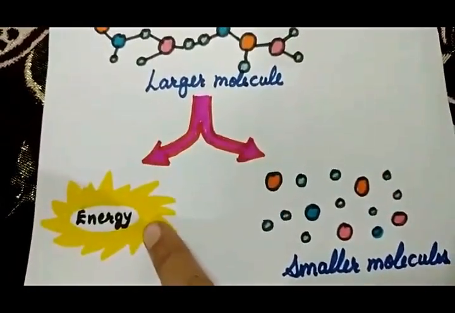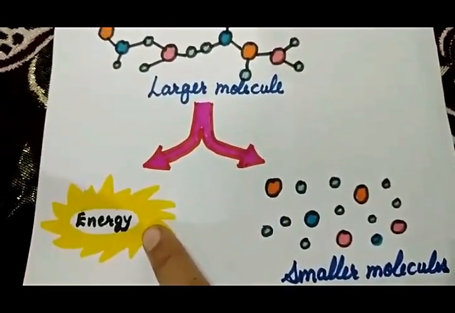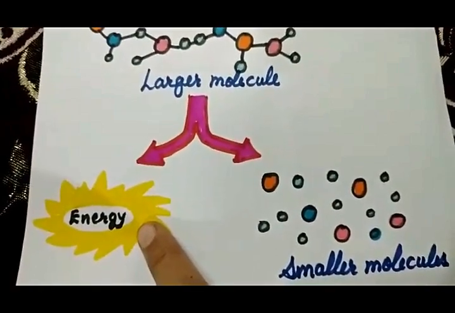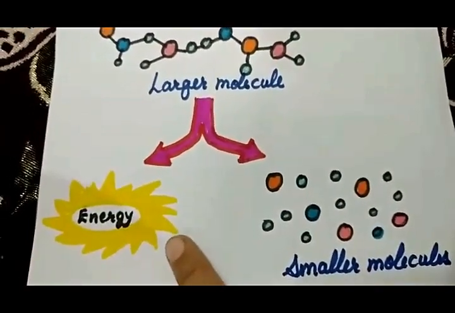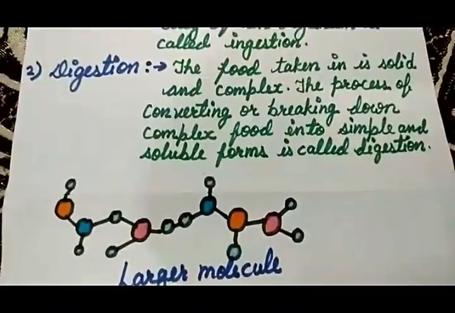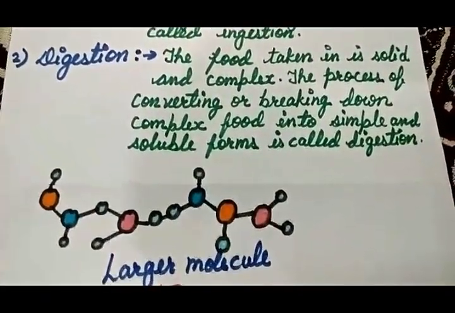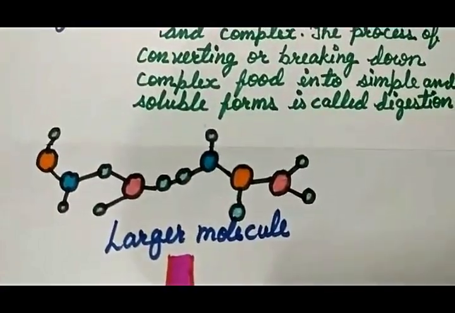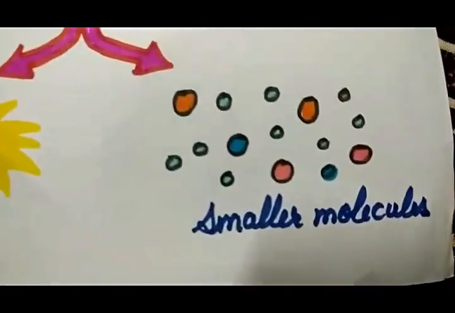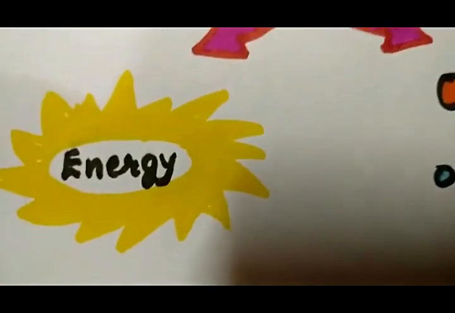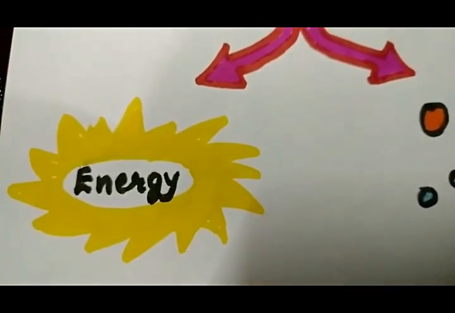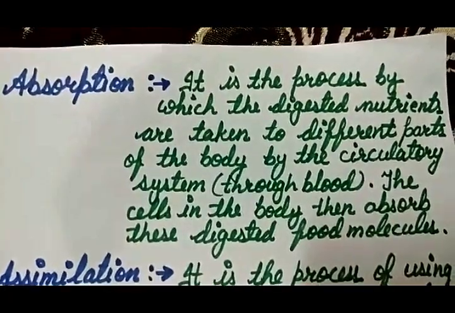That's why it is said that food gives us energy. You have already studied energy giving food also. So children, digestion is very simple, meaning the breaking down of larger molecules into smaller molecules, as well as we get energy also. Now food is digested.